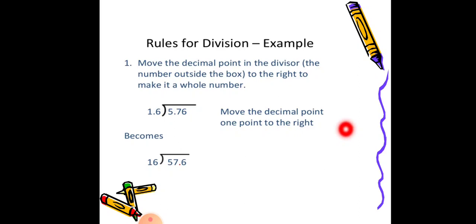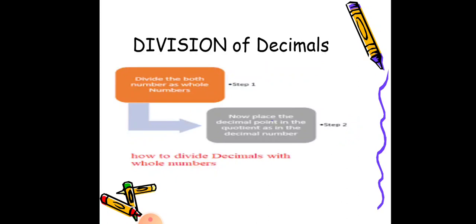Like when we come to 1.6 divided by 57.6, one way is we can remove the decimals, or we can shift the decimal because the divisor has one decimal place, so we shift the decimal to the right. It will become 57.6. Division of decimals: divide both numbers as whole numbers and then after the division put the decimal point over there.